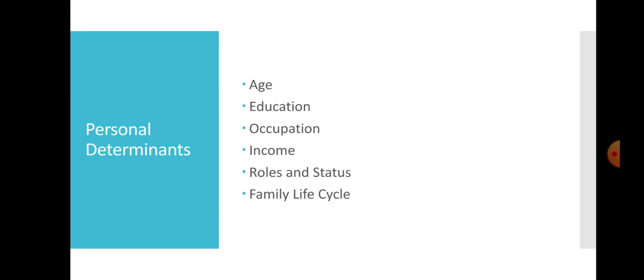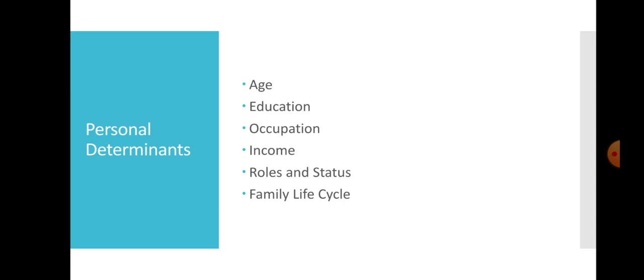The more the income, the more the demand, and vice versa. So the current income of the consumer, availability of credit facilities, and liquid assets in the hands of the consumer all will determine his buying behavior.